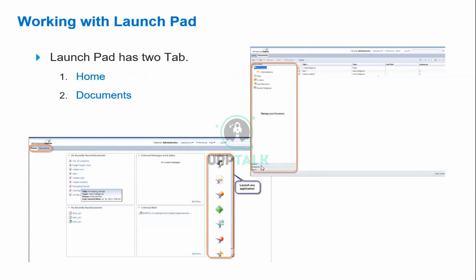If you click on Folders, there will be reports saved in the repository level, like public folders. And if we want to search, we click on this and type the report name, then it will show us the possible list of reports with a matching name. These are the two tabs, Home and Documents.